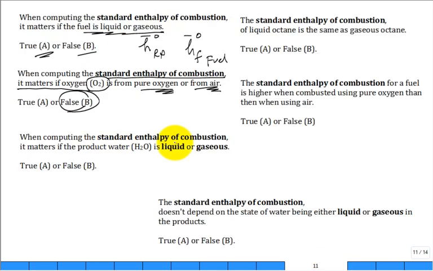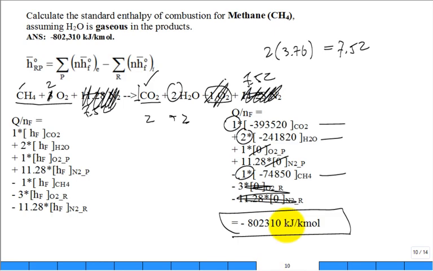When computing standard enthalpy of combustion, it matters if the product, the water vapor, or the water goes out as either liquid or gaseous. Does that matter? It does. And if we go back to this example, here it is for water, but that's the one for H2O gas. If you look, there's a different enthalpy of formation for H2O liquid.